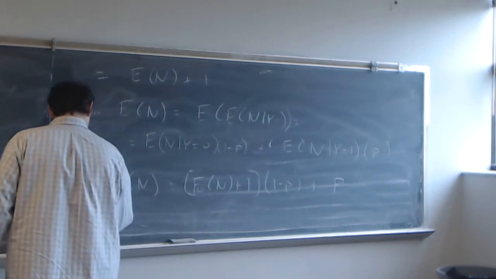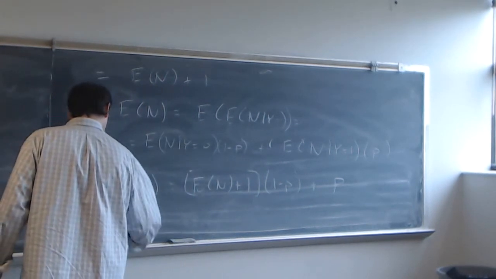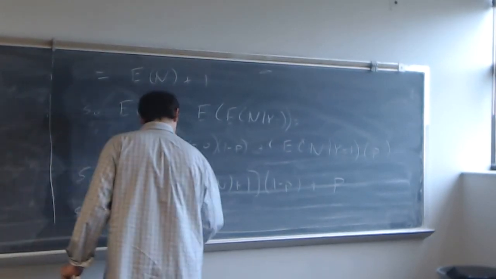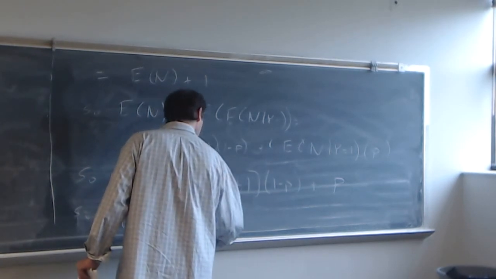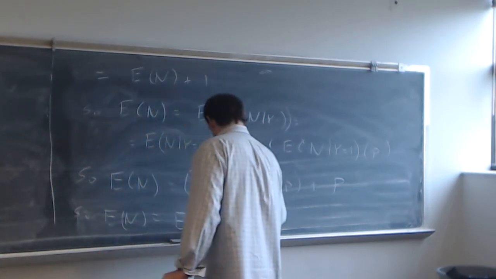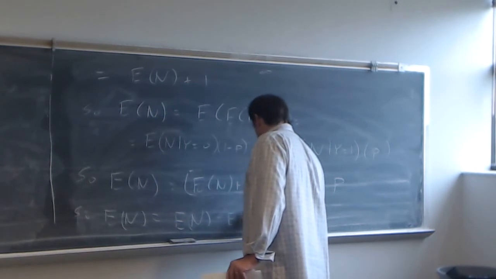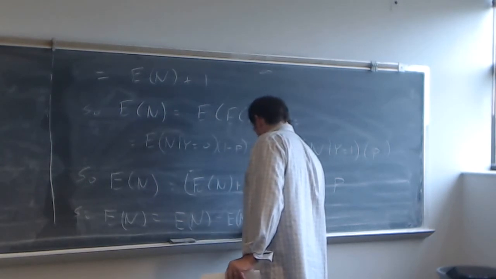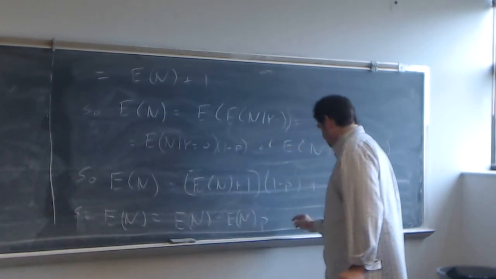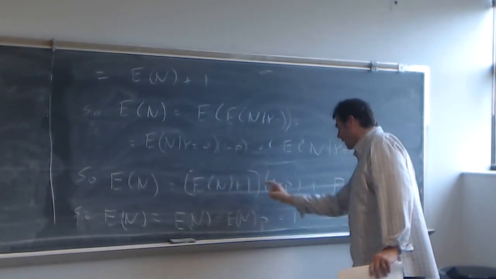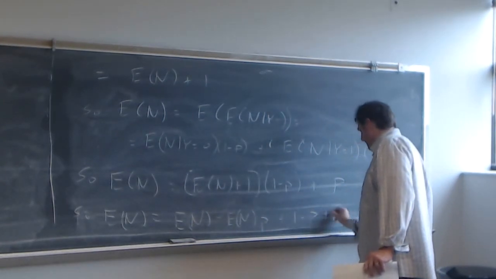Multiply this out, we get the expected value of n is equal to the expected value of n minus the expected value of n times p plus 1 minus p plus p, so that's just 1.